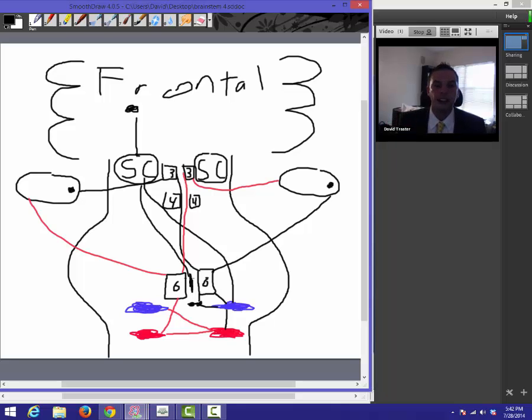And omnipause neurons pause the eyes. So omnipause neurons inhibit your burst neurons. So your omnipause neurons are going to come down, and they're going to inhibit all these guys. And they're going to be the brake of the burst neurons. And they're always going to stop the burst neurons. So if you take a look, the superior colliculus, one pathway, it needs to excite the burst neurons and say, go 500 degrees per second.